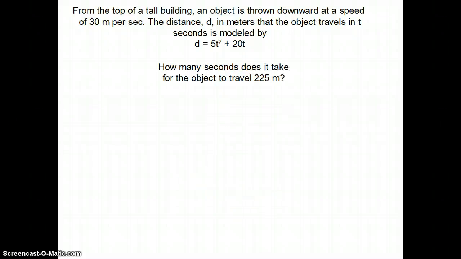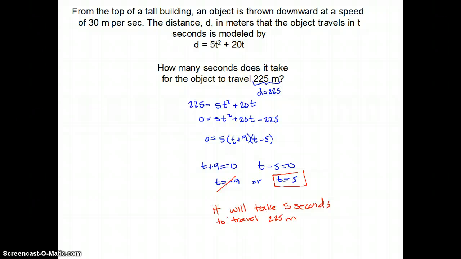Again, go ahead and pause the video and try this next slide on your own. Since we want to know how long it takes for the object to travel 225 meters, I plugged in a d value of 225. So plugging that in, I then subtracted the 225 from both sides to get a 0 on one side, and I factored the remaining polynomial on the left.